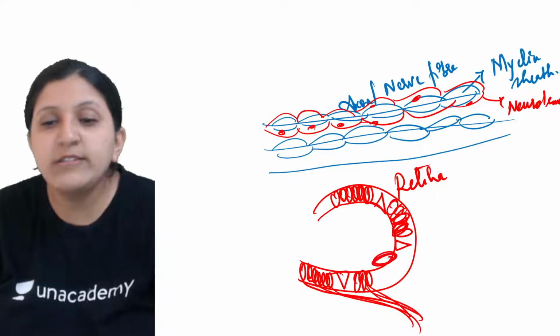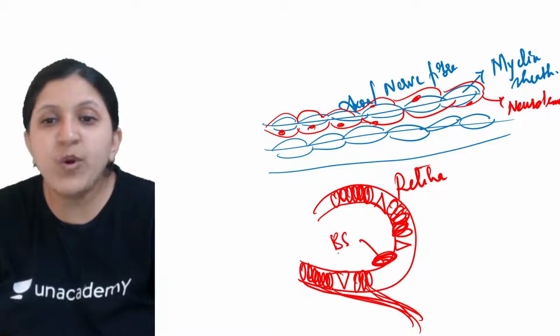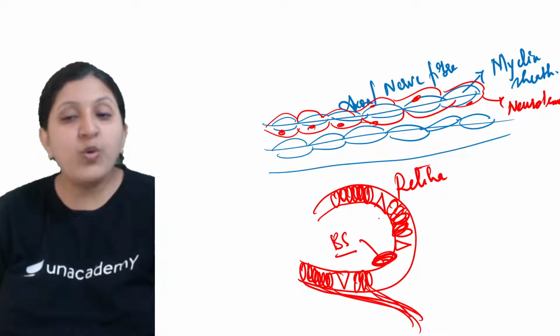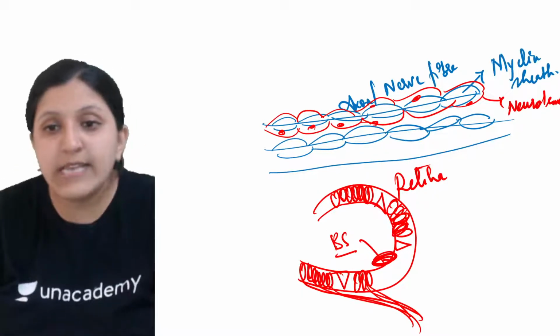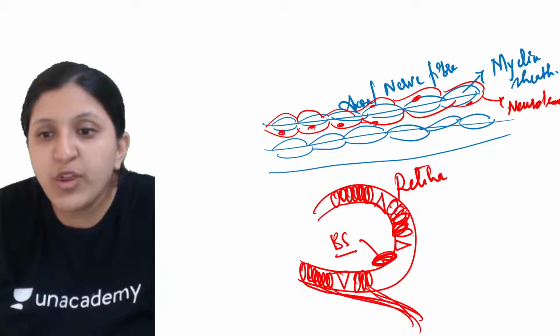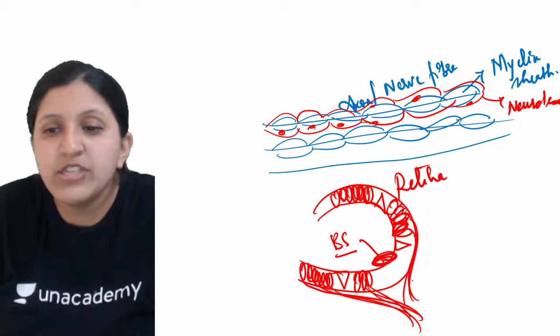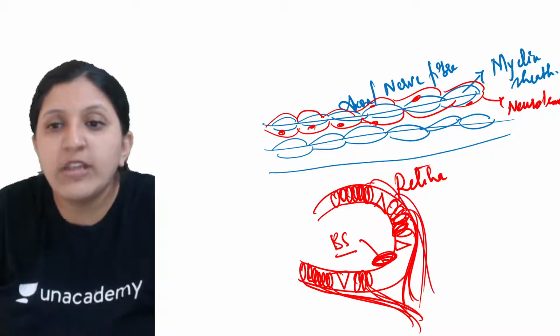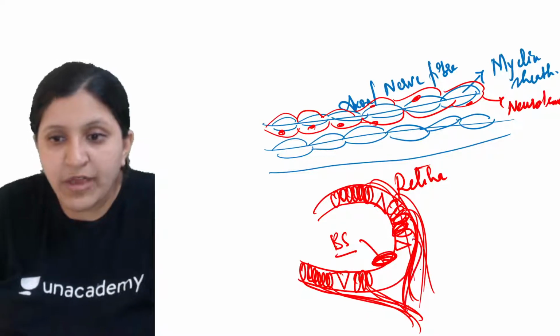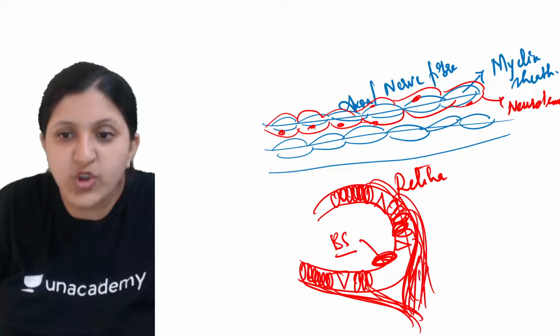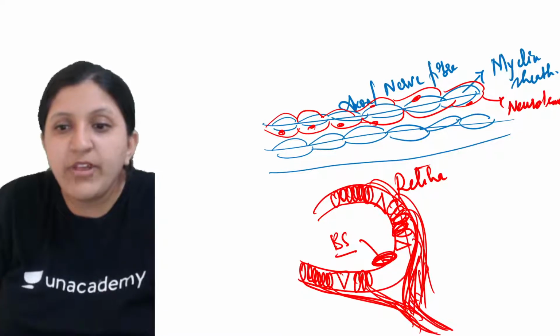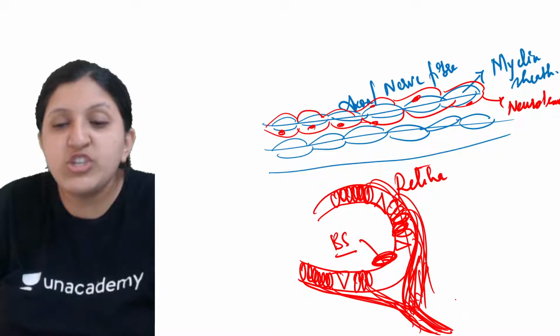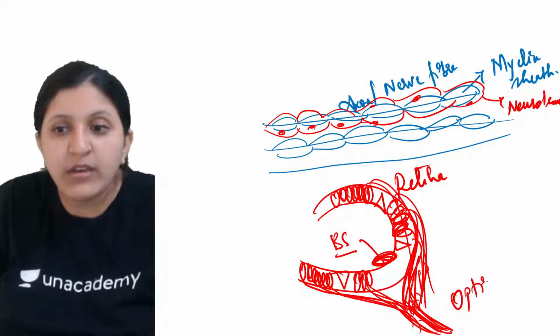This is called the blind spot, as there are no nerve cells or sensory cells present. From each one of these, a nerve fiber arrives over here, and all of them join together to form the optic nerve.